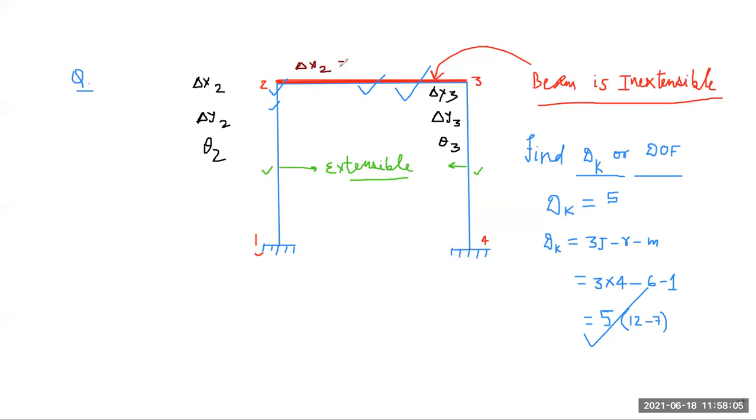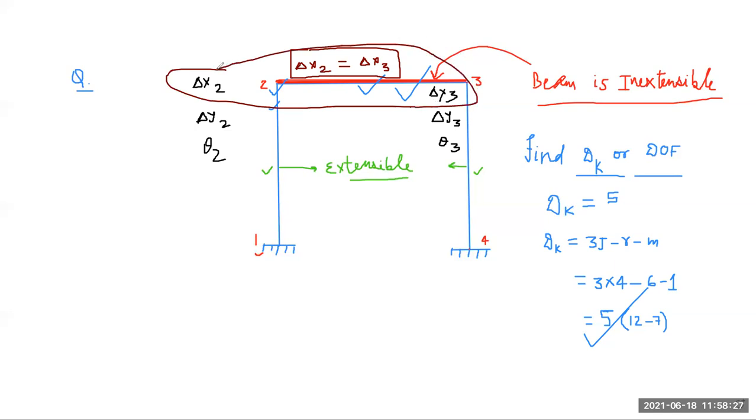So basically there is no extension or no deflection or no rotation will occur in delta x2 or delta x3 part. Basically this delta x2 is equal to delta x3. So these two parts become one. So basically these two parts will become your one part.